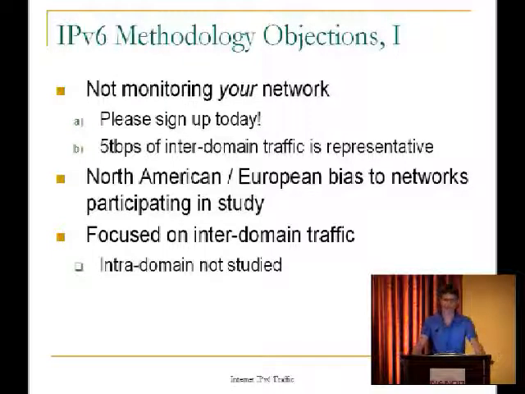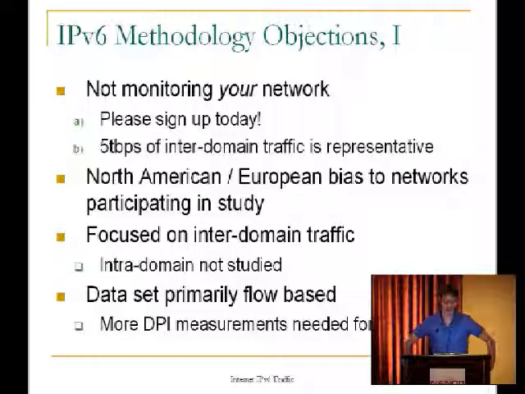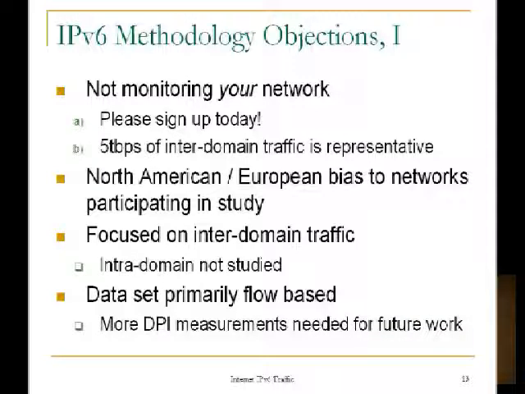That is something we have access to data for in the networks in question, so we hope to look at that in future work. Also for future work, this data set is primarily flow-based. We also hope to do a measurement study based on DPI data. Perhaps IPv6 traffic is hiding in other ports.